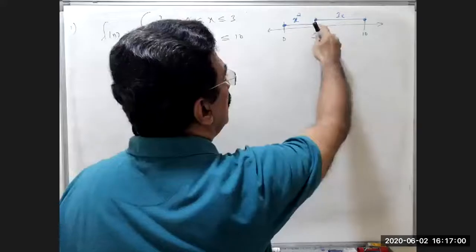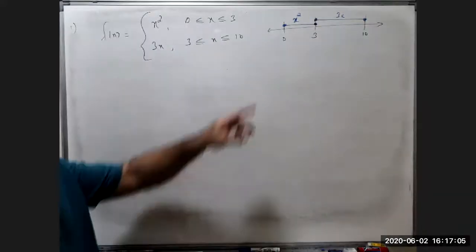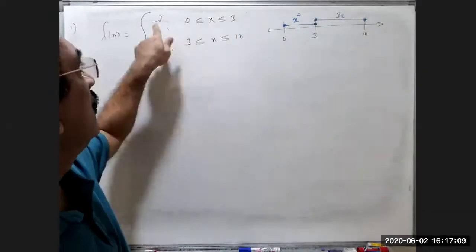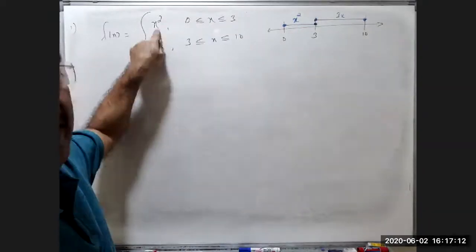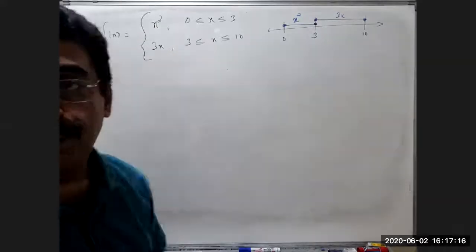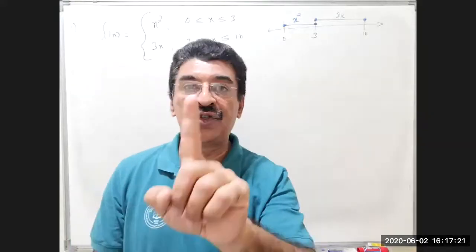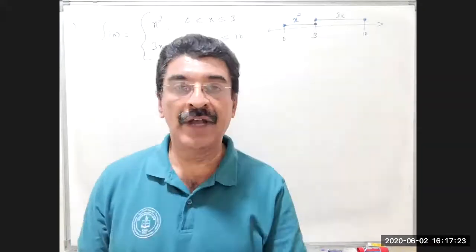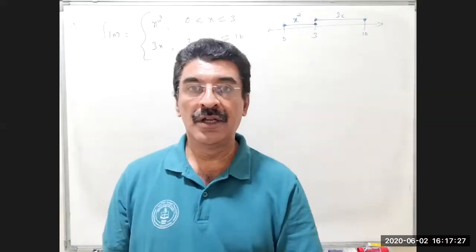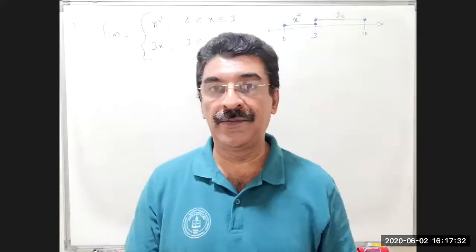But from the figure we can make it out. At 3, we have two definitions. When x is 3, it is x squared, and also when x is 3, it is 3x. That means at 3, we have to check its y value, or the image of 3, because by definition it is repeated at two places.